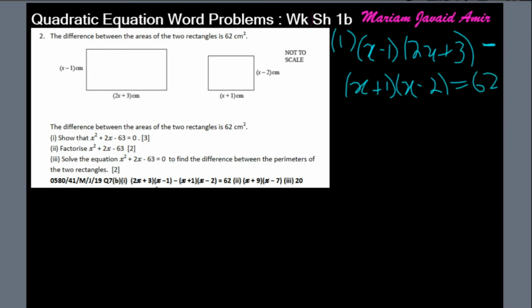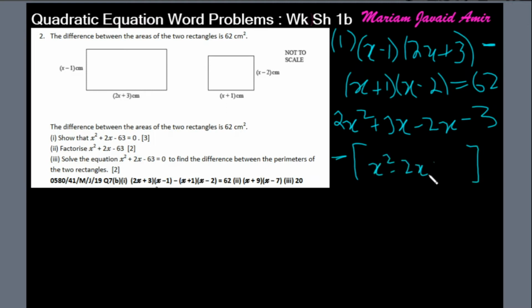Open the brackets, we get 2x square plus 3x minus 2x minus 3. Let's keep the negative sign outside and solve the other two brackets. x square minus 2x plus x minus 2, and this will be equal to 62.